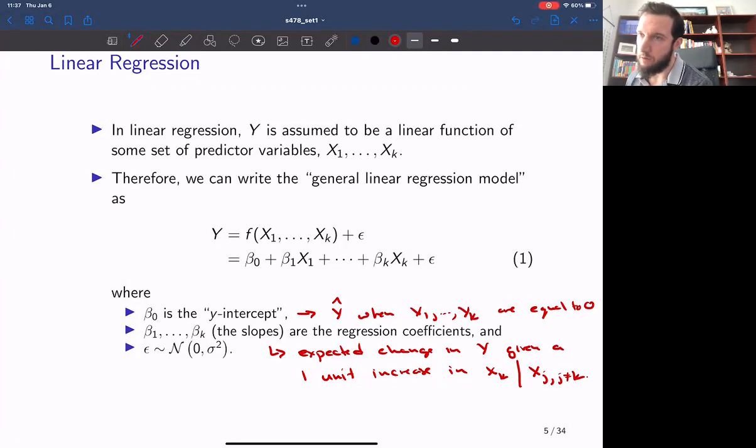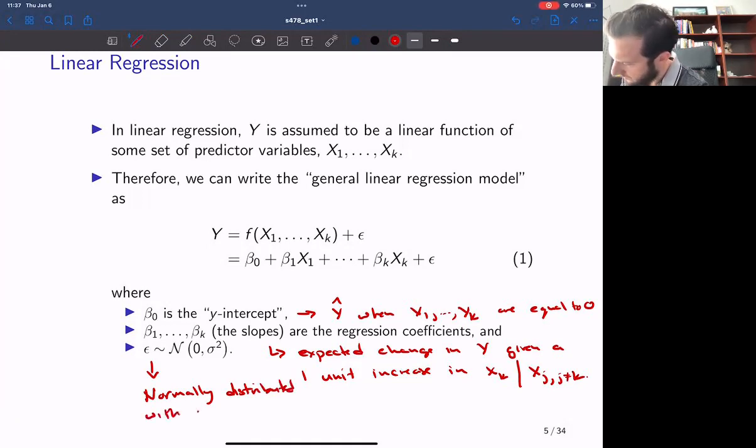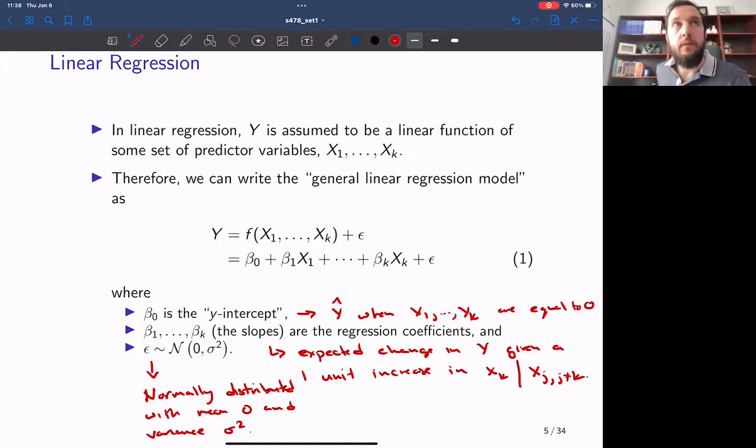This assumption of a normally distributed error term, and I should just be clear in case, so this is epsilon normally distributed with mean 0 and variance sigma squared.